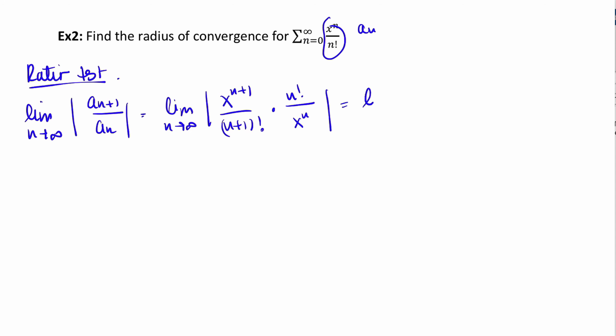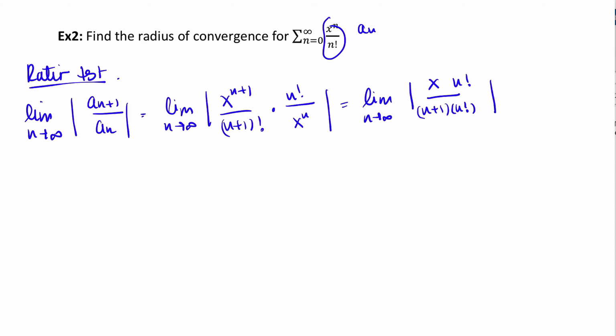I'm going to simplify this. x to the n plus 1 over x to the n leaves me with x. And n plus 1 factorial is the same as n plus 1 times n factorial, so I have the n factorial on top and bottom.